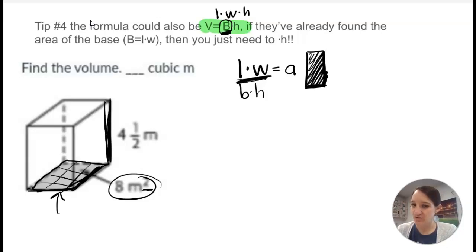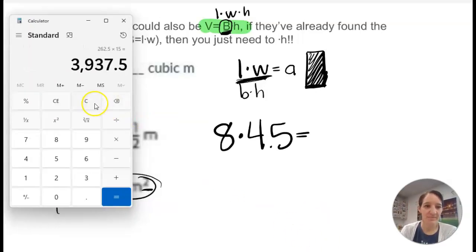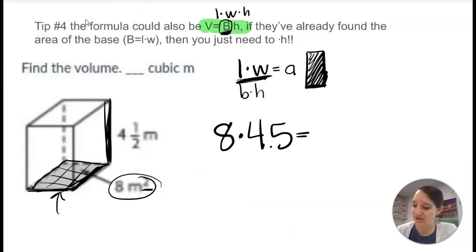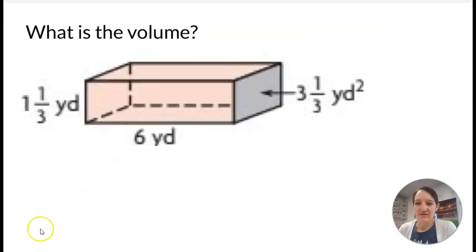So we're going to go 8 times 4.5, and that is going to be 8 times 4.5 equals 36 cubic meters.